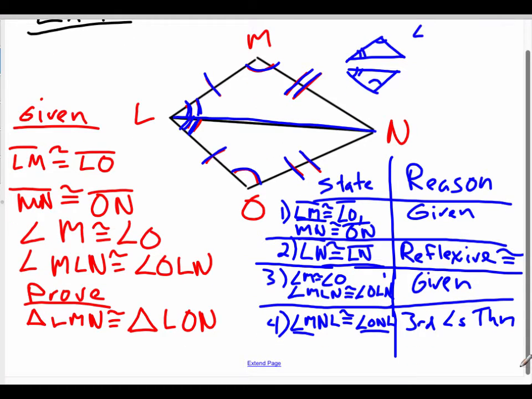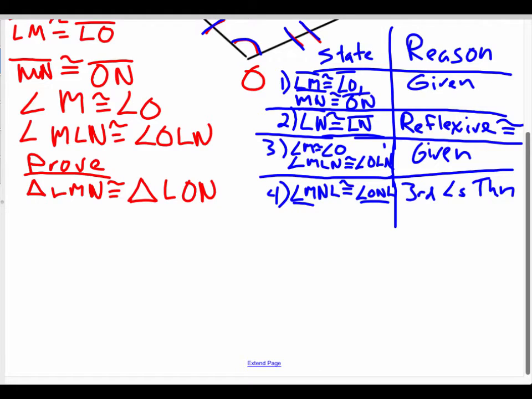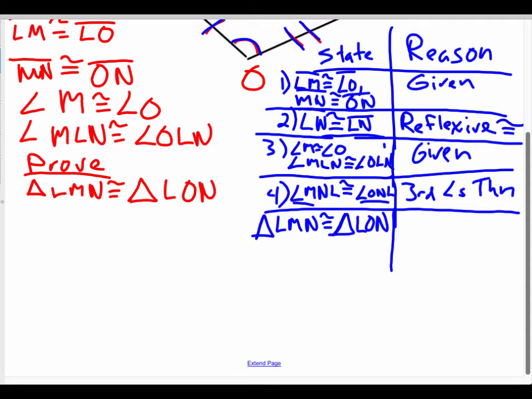And now I've proven, basically, that all of the angles and all the side lengths are equal to each other. So I would say triangle LMN is congruent to LON. Okay.